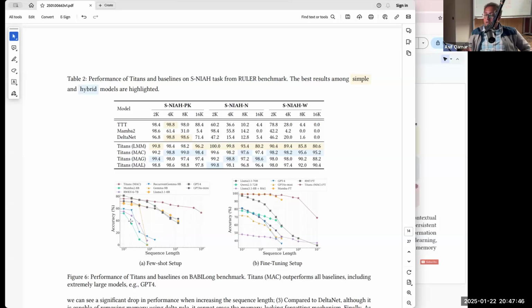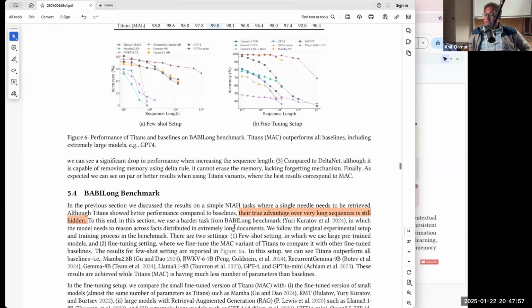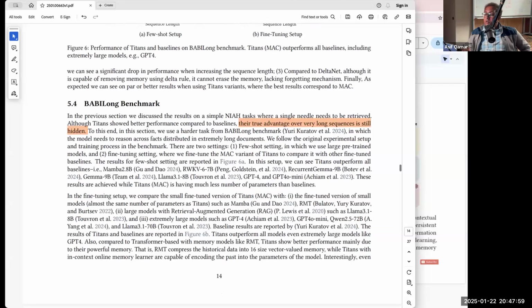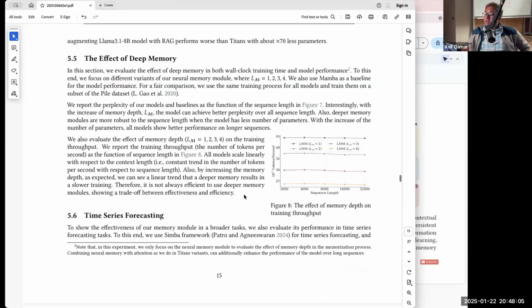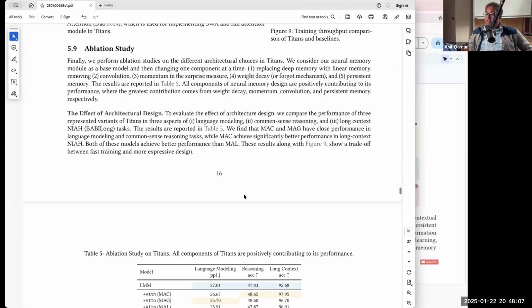I don't know which color Mamba is, maybe this color. You can see the red color is the Titans. It's still on top. So that's kind of the metrics, and I don't know much about this BABILong benchmark, so I'm not sure what it means. I encourage you to read these things, but let me pause here.